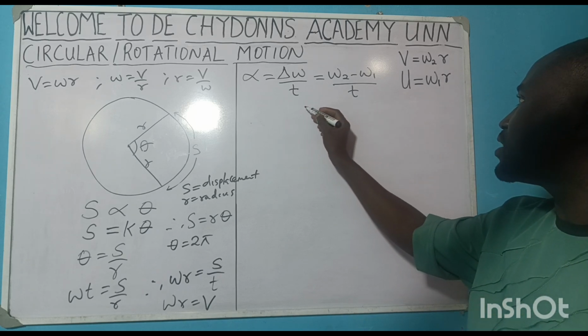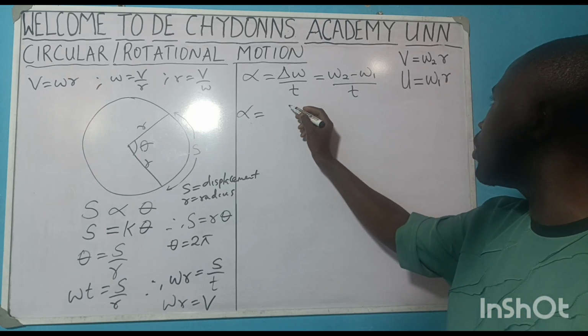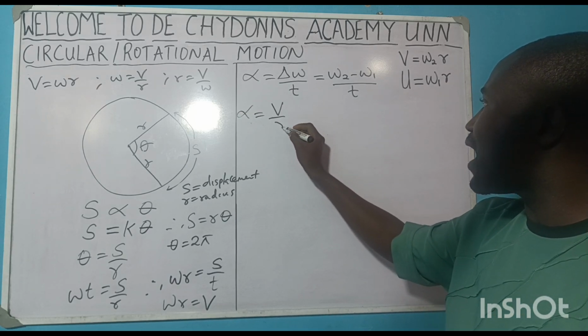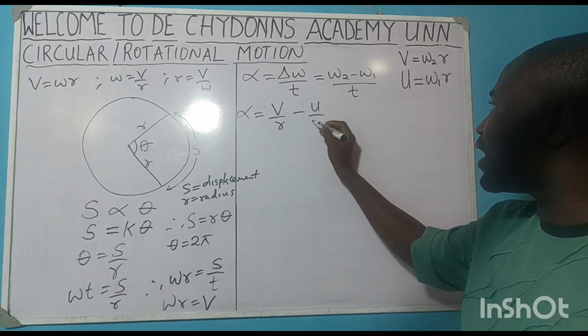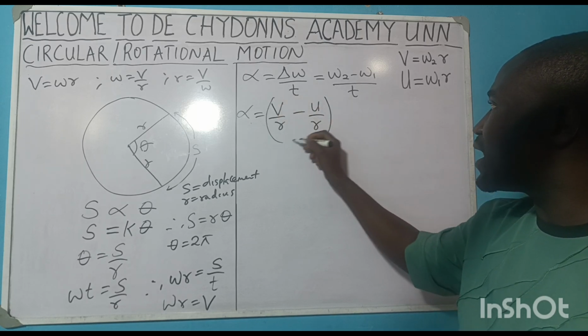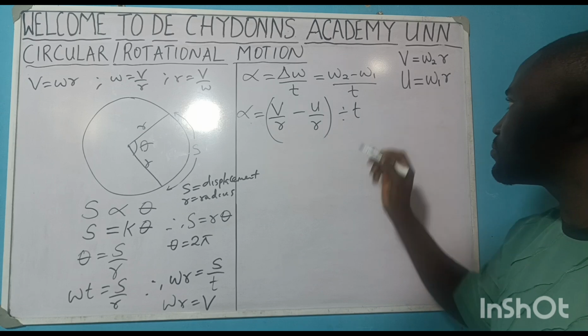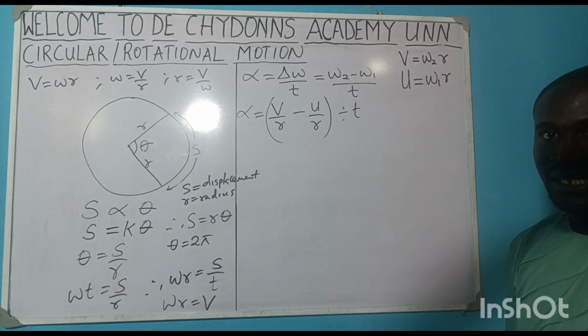So I'll be having alpha equals V over R minus U over R divided by this time. Are you getting it?